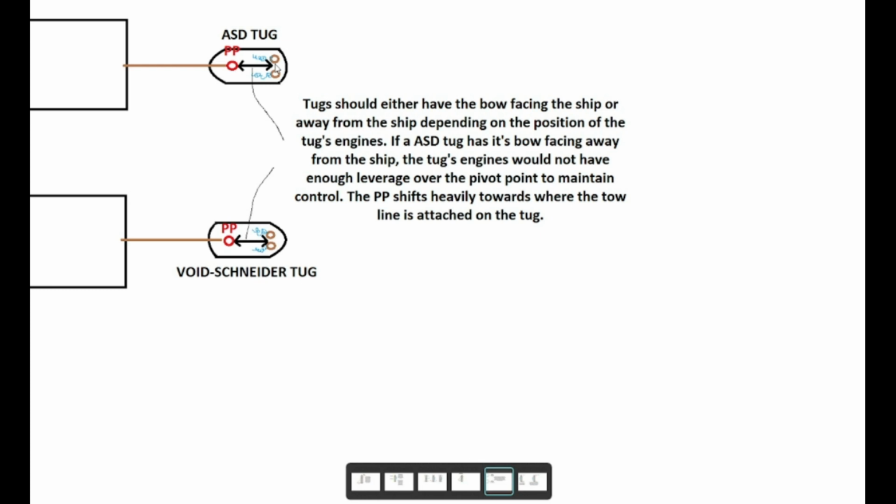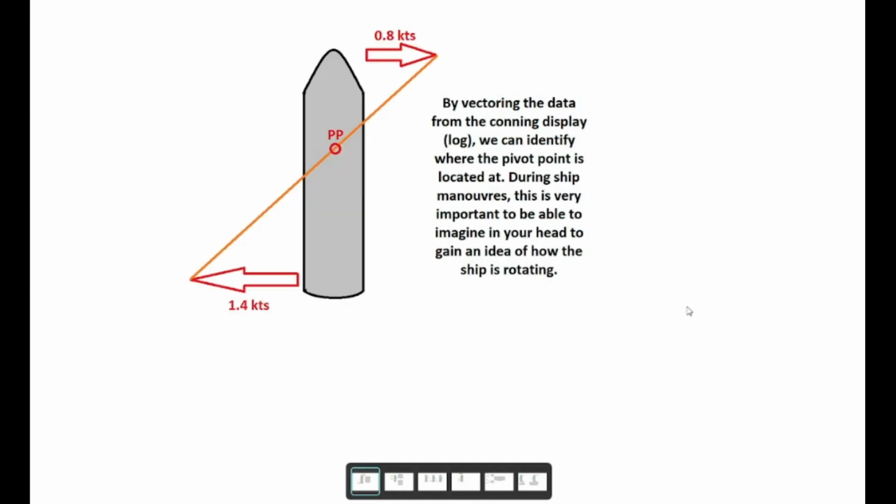And so this would make it very difficult to control the tugs. And same with the Voith Schneider tug. If its bow was pointing towards the ship and the tow line was connected to the bow, there would be very little leverage to turn. And so, again, very little steerage for these tugboats. And so that's why different tugs may be facing in different orientations.